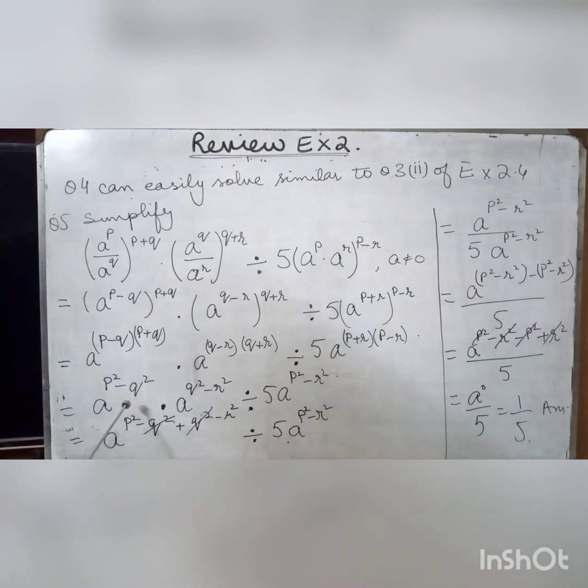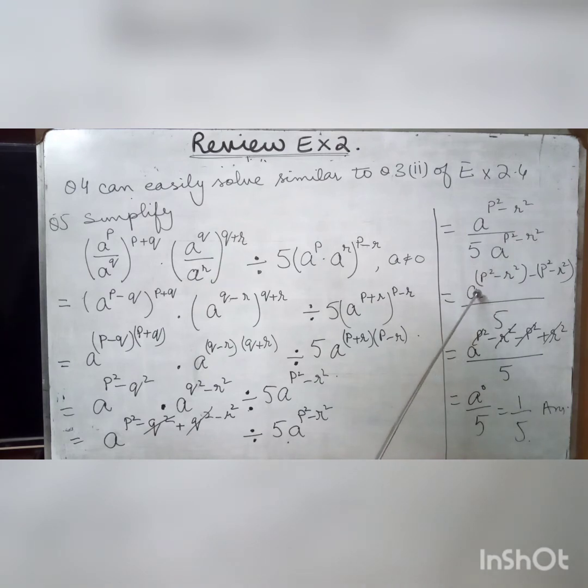According to the law of exponents, bases are same in multiplication, so their exponents will be added. Therefore, a raised to power p square minus q square plus q square minus r square, divided by 5 into a raised to power p square minus r square. After simplification, we get a raised to power p square minus r square over 5 into a raised to power p square minus r square.